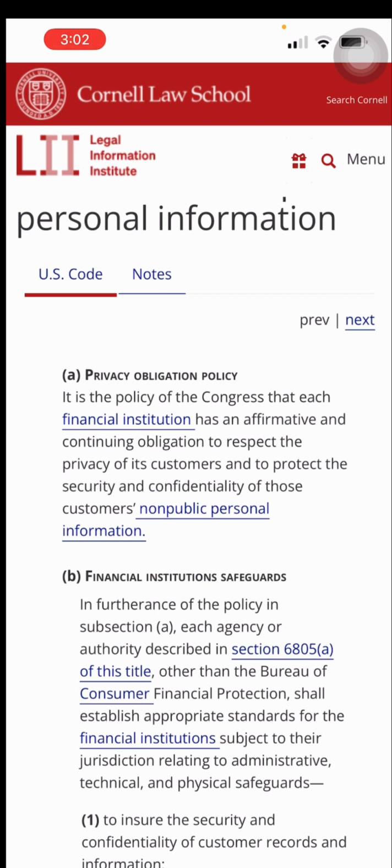So it's telling you that the financial institution, let's say Wells Fargo is the one that's reporting that your credit card is late. They have a continuous obligation to respect the privacy of your personal information.